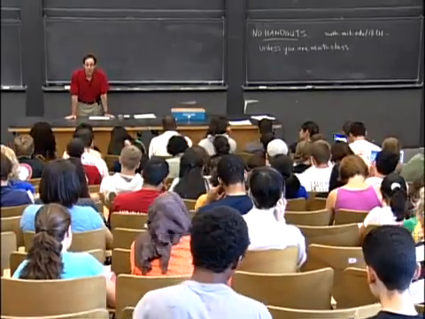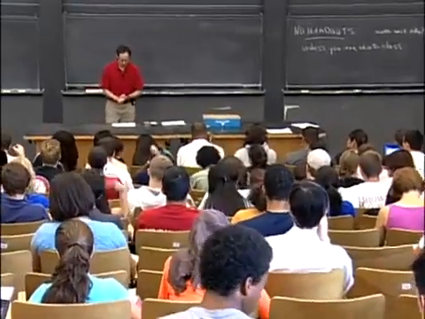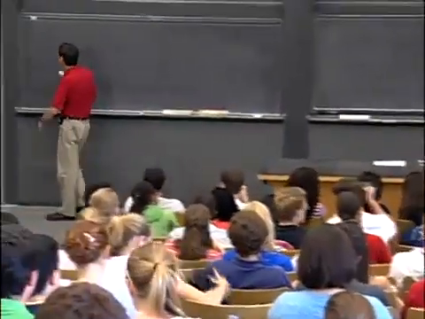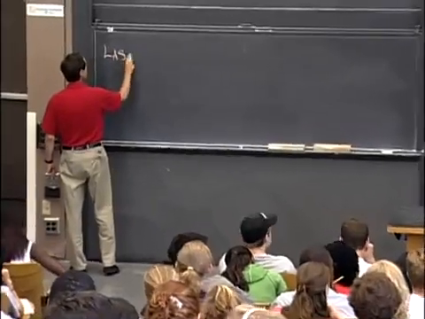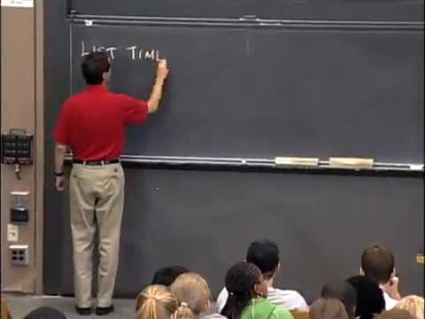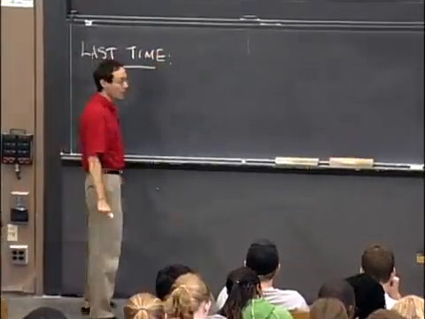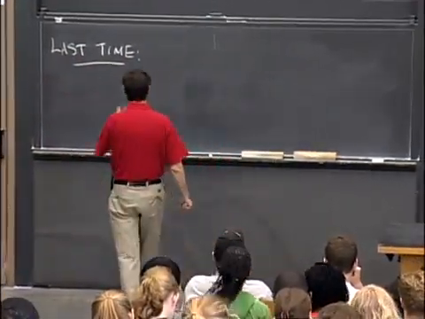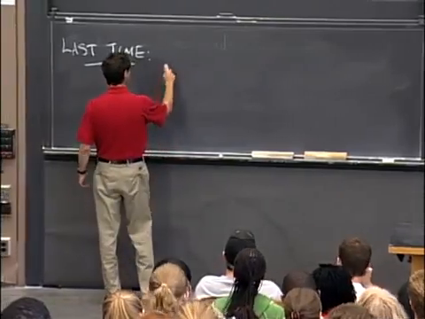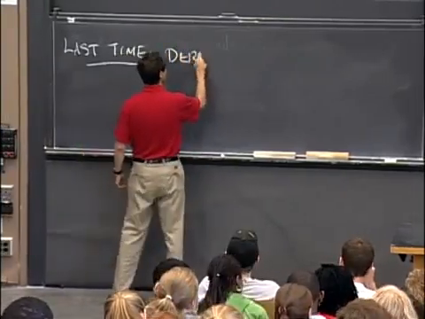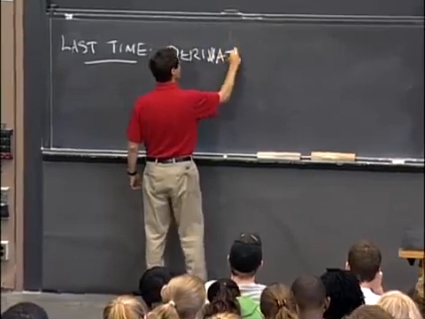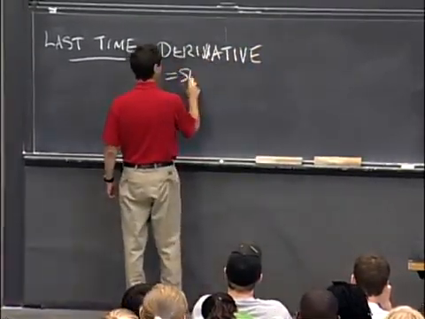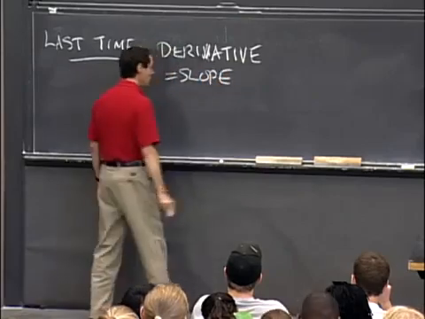Okay, so I'd like to begin the second lecture by reminding you what we did last time. So last time, we defined the derivative as a slope of a tangent line.